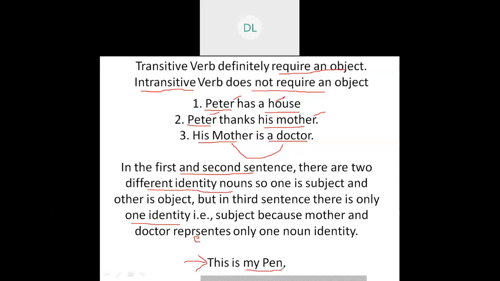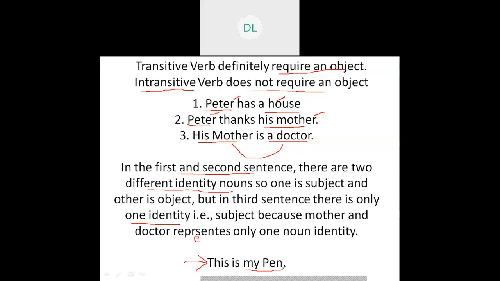The first identity, the first main important identity, is always and always the subject. You might think, sir, my pen is an object, it is a non-living thing, so how will I put it? That is no. In the subject and object category, there is nothing such as living and non-living.